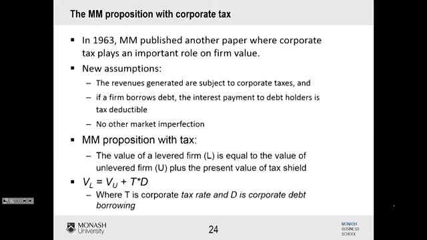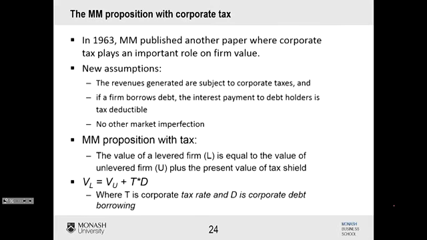Now let's move into 5 years later. Modigliani and Miller published the second paper, in 1963. They proposed a significant advance. They said, if there is no tax in the world, it's very unrealistic, but it's a good start.